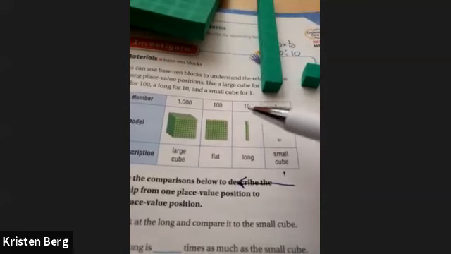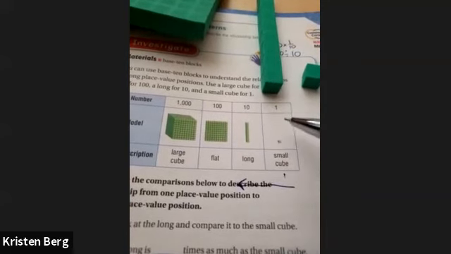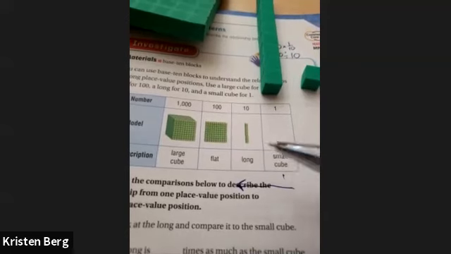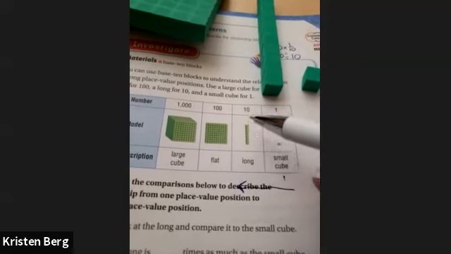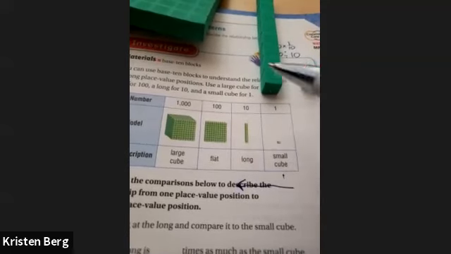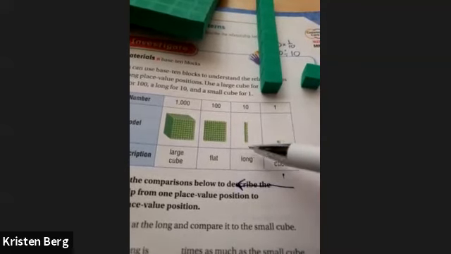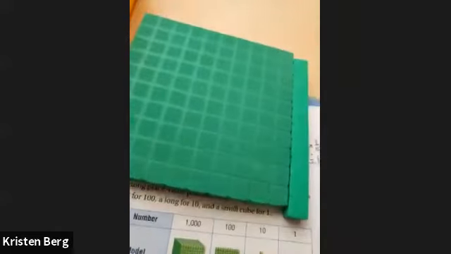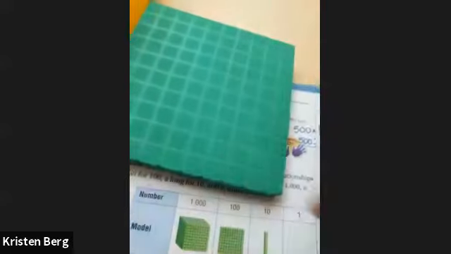So in the tens, the ones place is 10 of the tens place. So it takes 10 of these to get up into the tens. And same thing here. How many longs will it take to get to the hundreds? There are 10 of these that are needed.